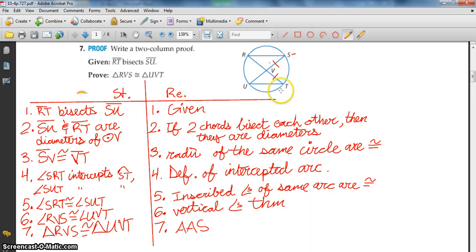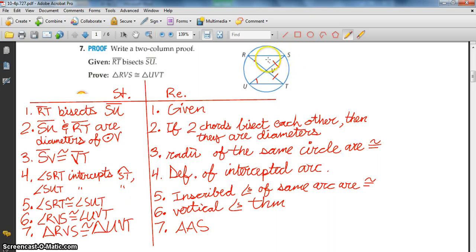Okay, so we're just stating what an intercepted arc is. So by definition of intercepted arc, those angles intercept the same arc. Since they intercept the same arc, SRT will be congruent to SUT. So inscribed angles of the same arc are congruent.